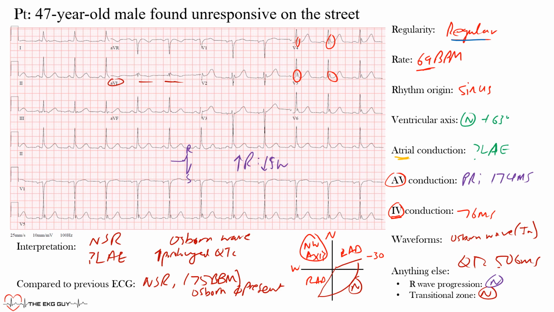Again, a 47-year-old male, unresponsive on the street, and the final interpretation is normal sinus rhythm, questionable left atrial enlargement, Osborn waves, and a prolonged QTc interval. When compared to prior, the Osborn waves, and actually the prolonged QT, are new. So that's it, and hopefully you learned something here.